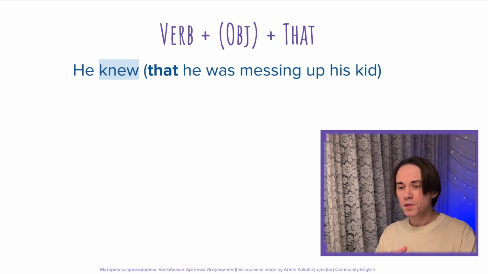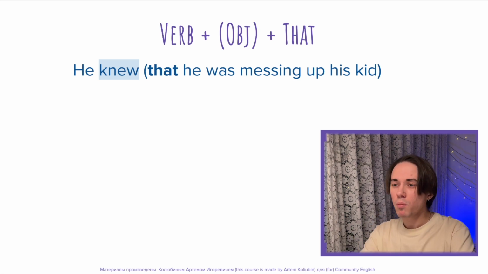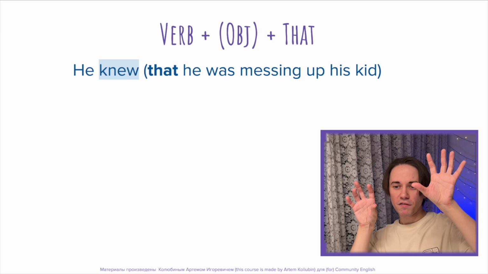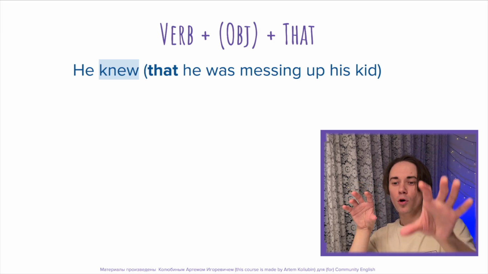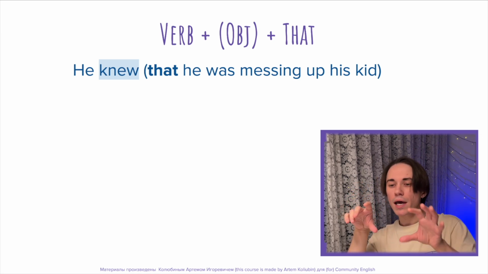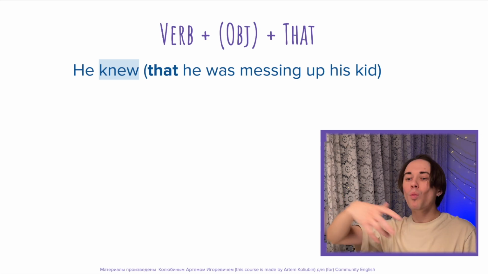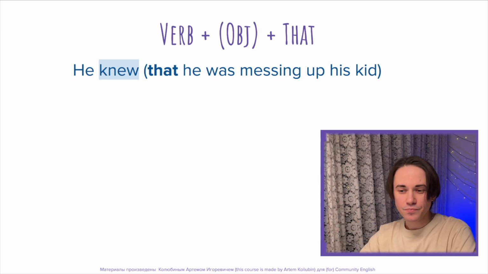What's the problem here? It's not even the problem, but you need to pay attention to the word knew. So the first use for that is when you have the activities such as know, remember, tell, say, and then what you see, what you tell, what you know, okay?